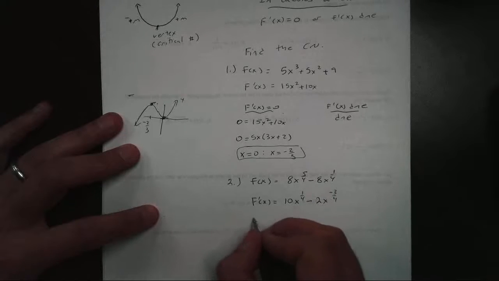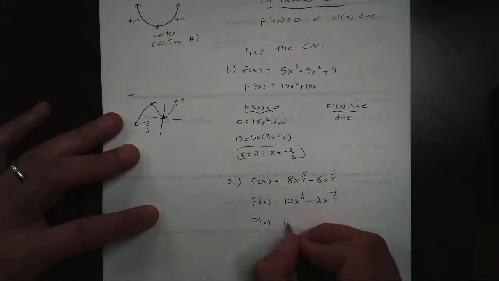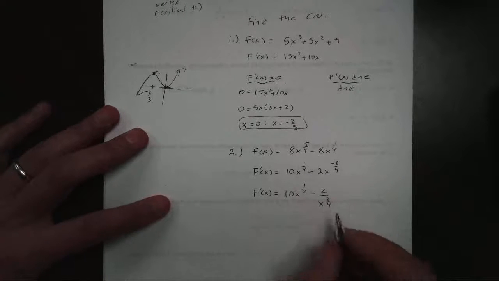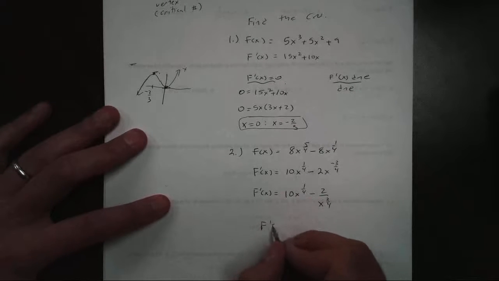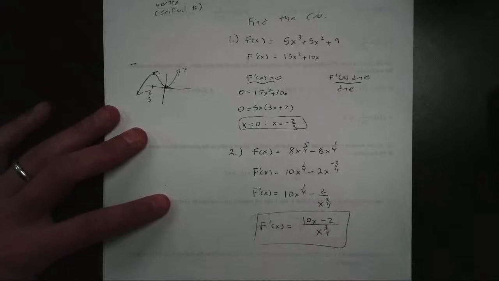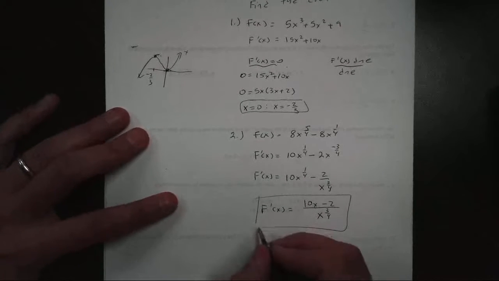We don't like a negative exponent, so we will rewrite it: 10x to the 1/4 minus 2 over x to the 3/4. Now we want to write this as a single fraction. My common denominator is x to the 3/4. And if I multiply here, that becomes just 10x minus 2. There's my derivative.